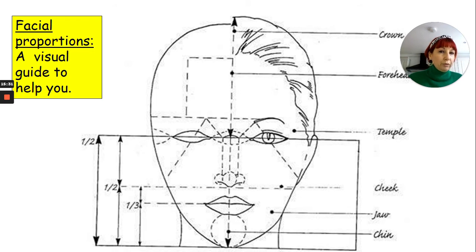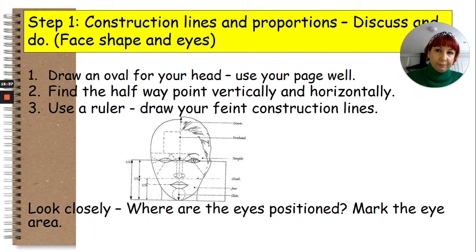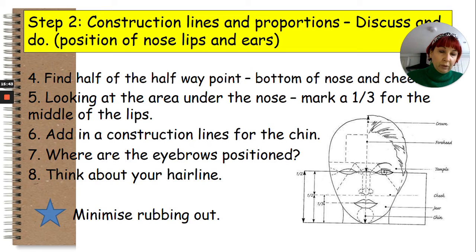Great, so you should have managed now to put the main construction lines onto the face. And we're going to now mark the eye area and think about how the eyes are positioned, and what shape they are. So I just want you to have a little look and see if you can work that out on the diagram.